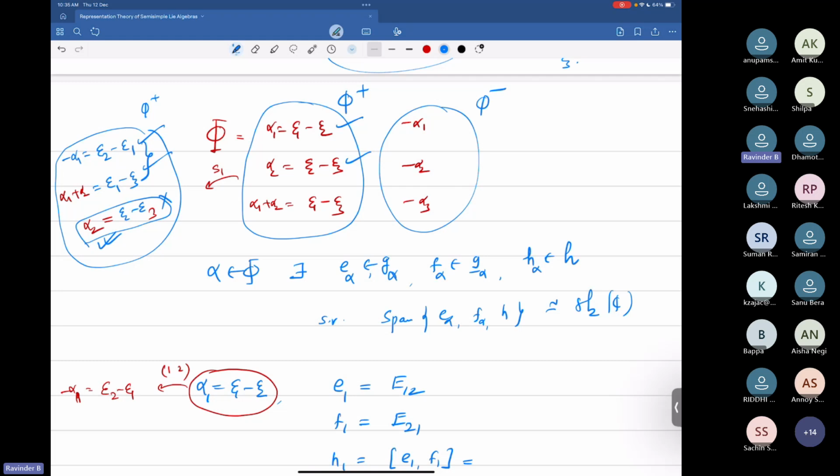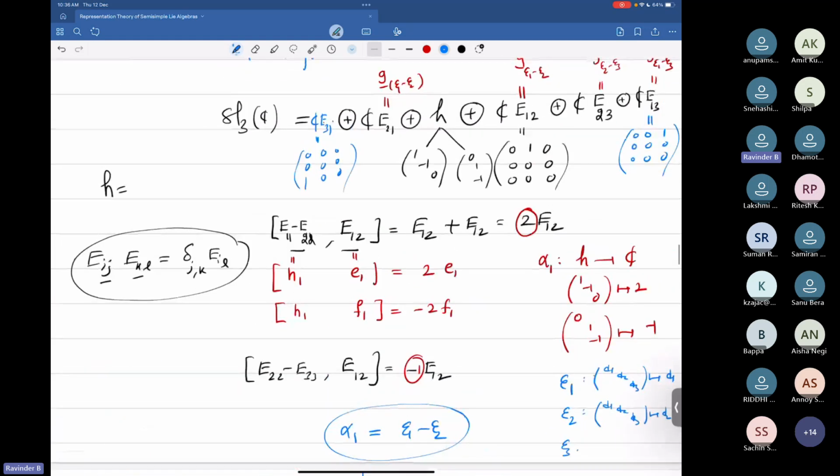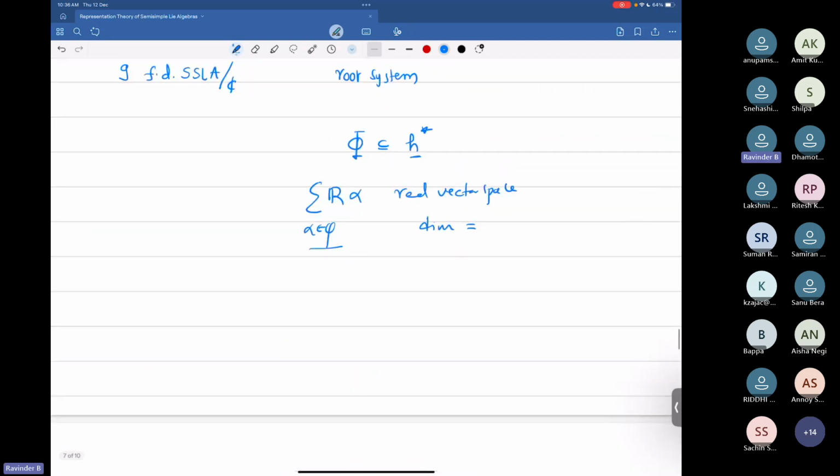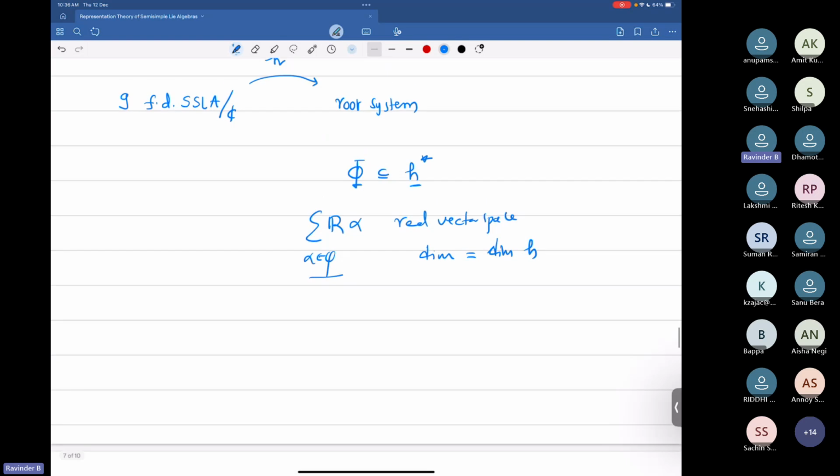So this spans only a two-dimensional space, and the two actually come from H1, H2, exactly the dimension of H. So the dimension is equal to the dimension of H. That's called the rank of the Lie algebra. For SL2, for example, the rank is 1. For SL3, the rank is 2, so it is a rank 2 Lie algebra.